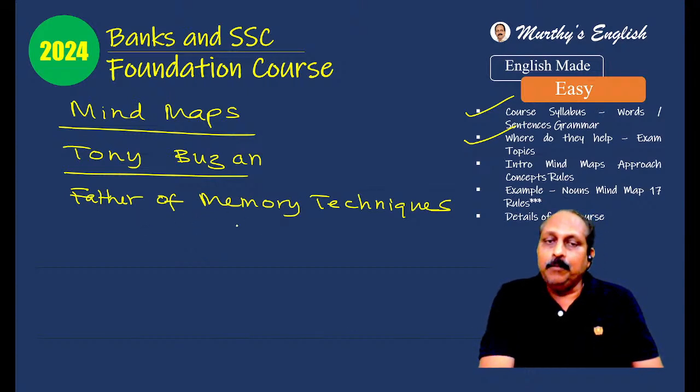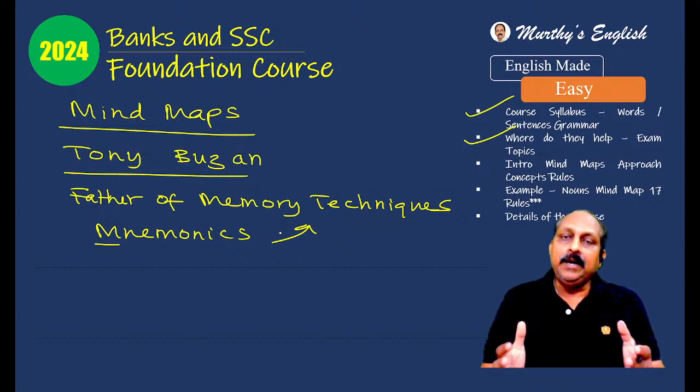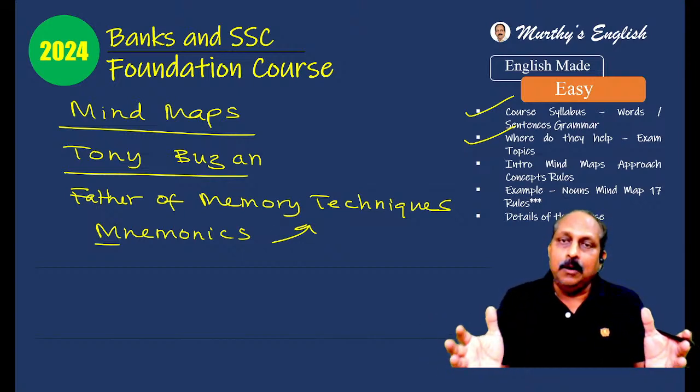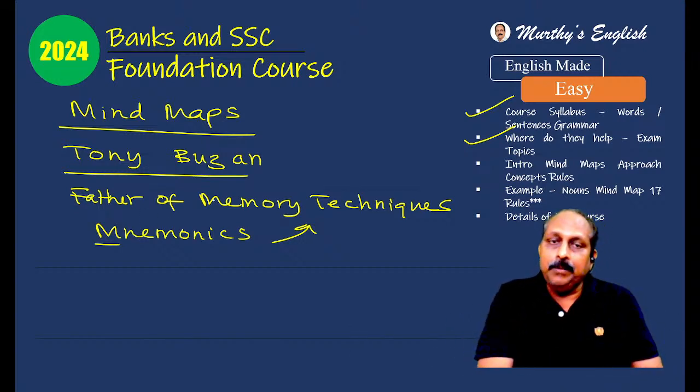There's a word for memory techniques, mnemonics. The first M is silent. Mnemonics means memory techniques. And those who are preparing for competitive exams have to use memory techniques because while preparing for a competitive exam, you have to learn a lot and not one subject, many subjects. Each subject a lot. Not easy to remember. Based on that, you have to use memory techniques or you have to depend on mnemonics.